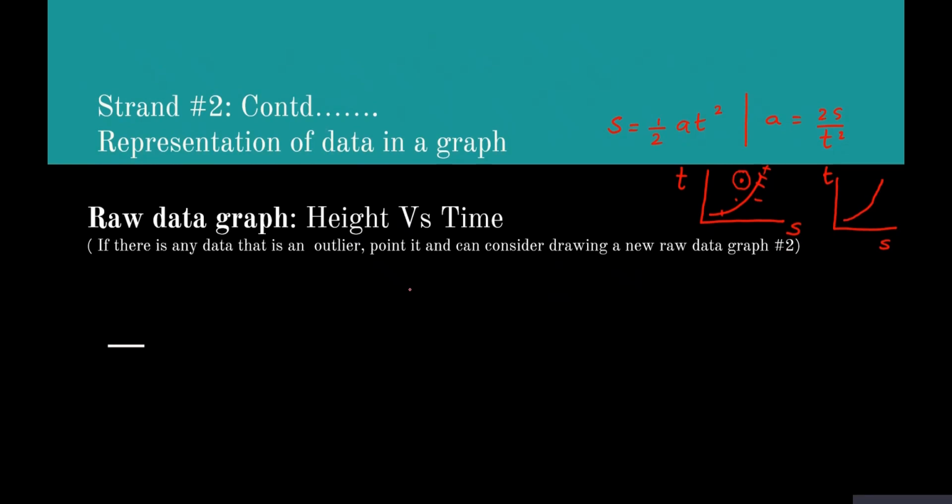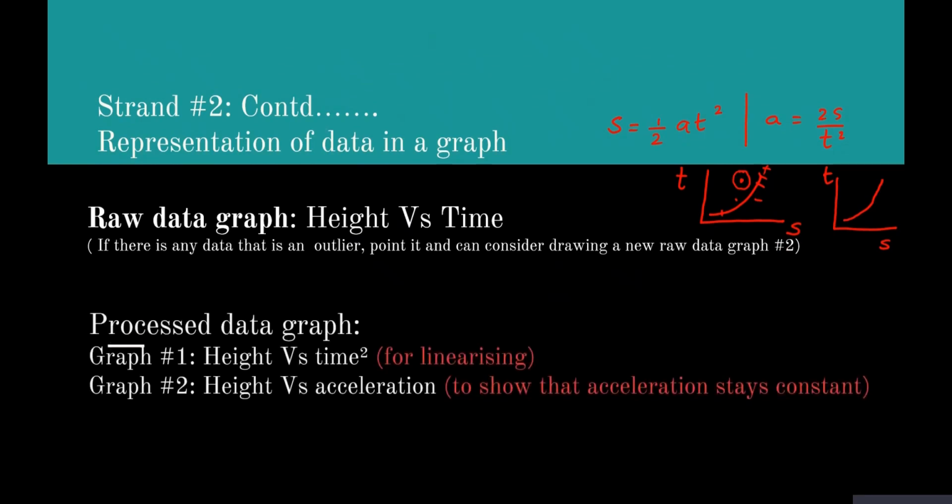Now, depending upon the experiment, you can have a process data graph. So here this graph is not linear, or it's not a straight line. So in order to linearize, we are drawing a graph between height, that is distance, and time square, which we are expecting a graph like this.